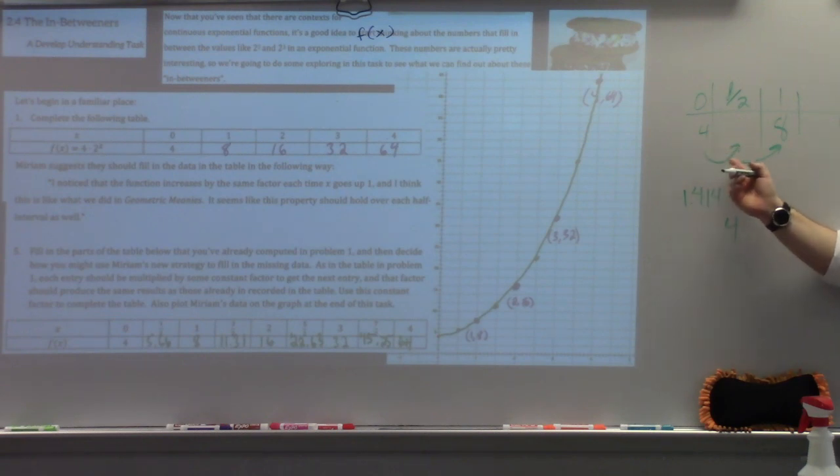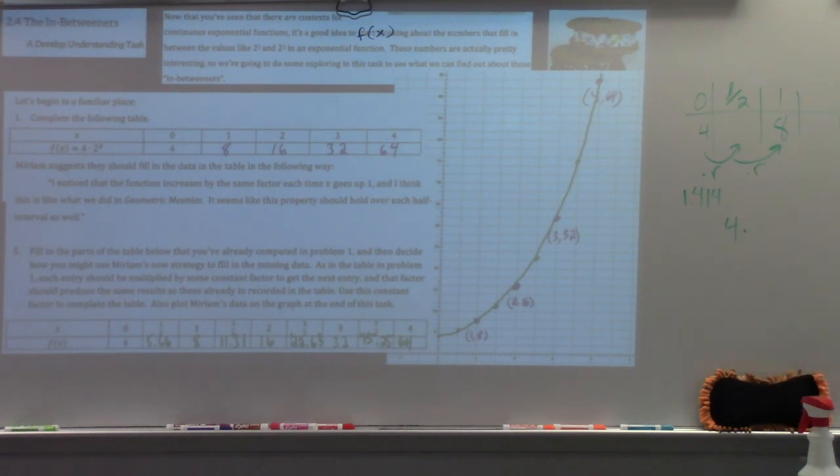And then what are we doing to get to this term in the middle here? Do we know what we're multiplying by? Not yet. So I can use a variable r for common ratio. And then I'm going to use that same ratio to get to 8.